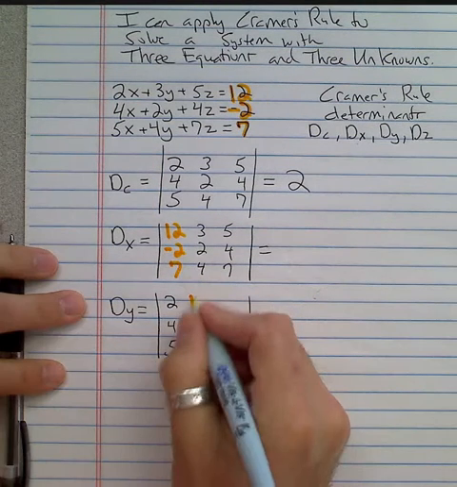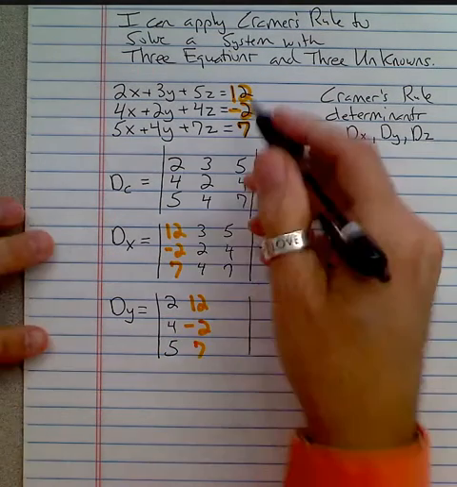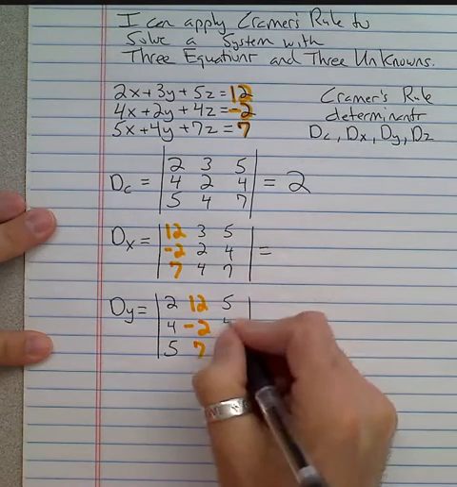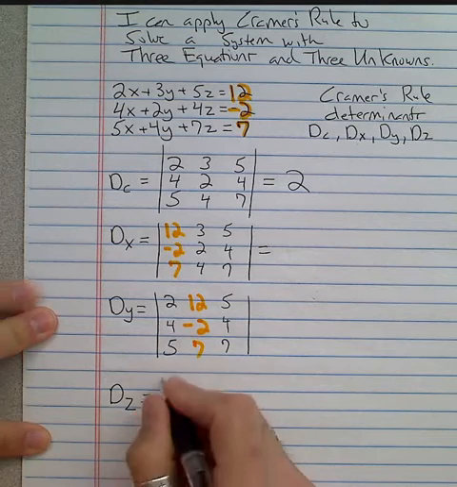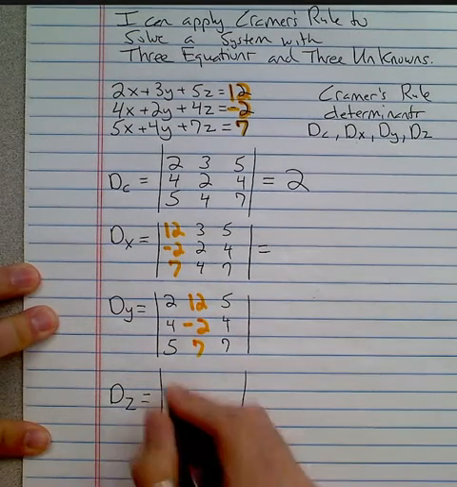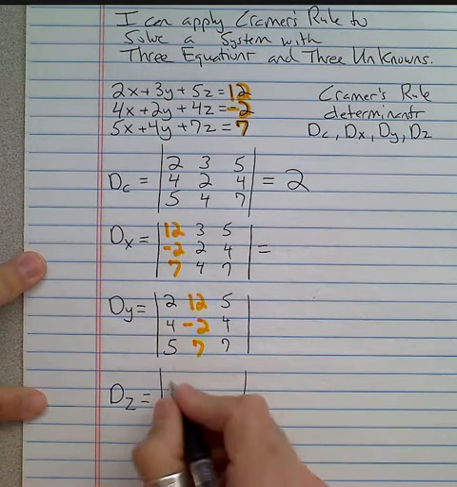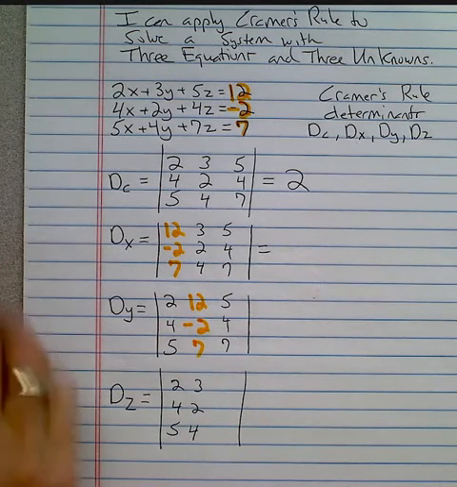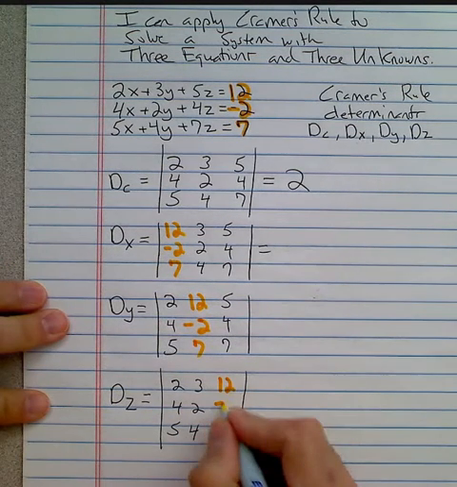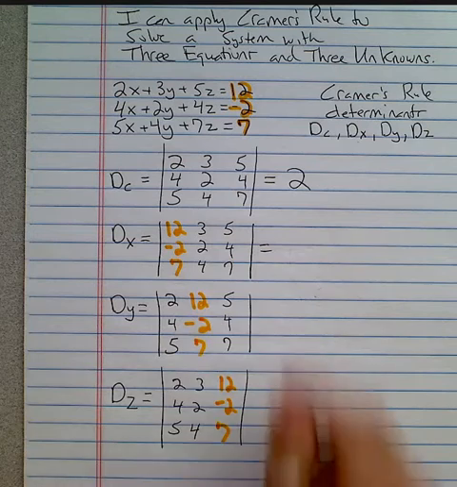The y column will take on the values of the numbers to the right of the equal sign. And then we do the same for z. Remember, we use straight lines to show that it is a determinant. And now I would find the values of these three determinants.